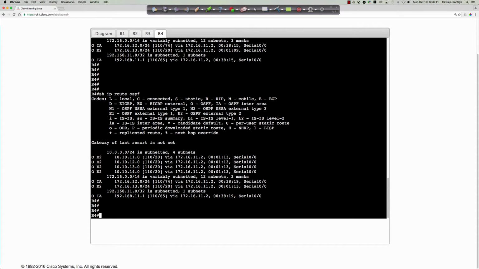It's OE2. Now, this is a critical point of importance here, this OE2 versus OE1. And you can see we have the same conversation when we're talking about the NSSA, the not-so-stubby area, or the totally stubby, not-so-stubby area.